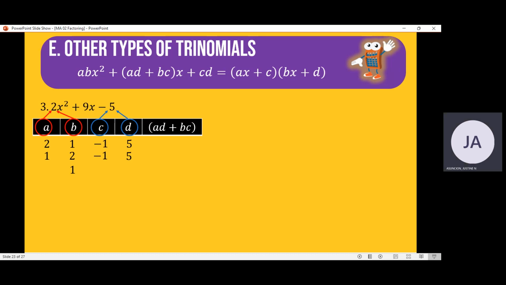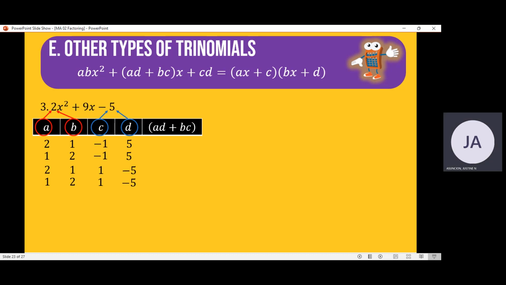Okay, but again, we have different combinations here. It could be 2, 1, 1, 2, and so on. And then for CD could be 1, negative 5, 1, negative 5. So again, it's a trial and error method. And always remember, you need to satisfy the middle term.